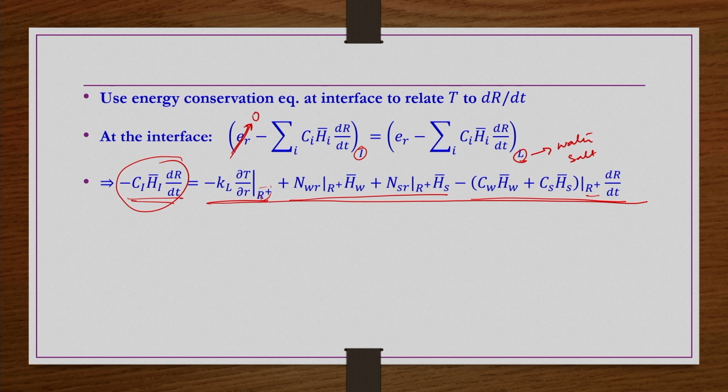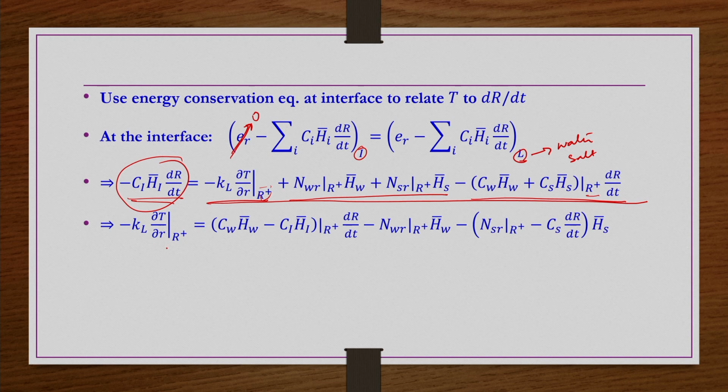Right. So, the next step: we write this minus K_L ∂T/∂R on one side, and then this C_W H_W bar dR/dt and this C_i H_i bar dR/dt we combine together, multiplied by dR/dt. The remaining are minus N_W,R H_W bar, and minus N_S,R at R plus H_S bar, and this minus of minus plus C_S dR/dt term as it is here.